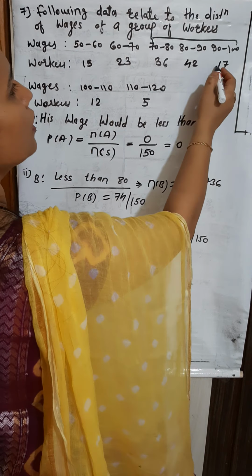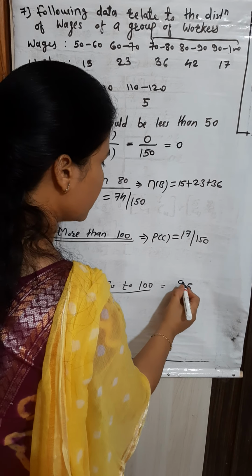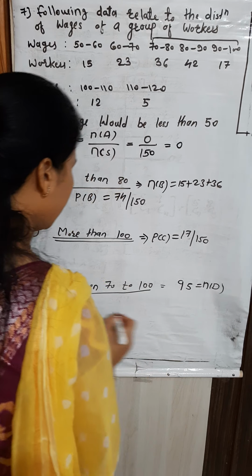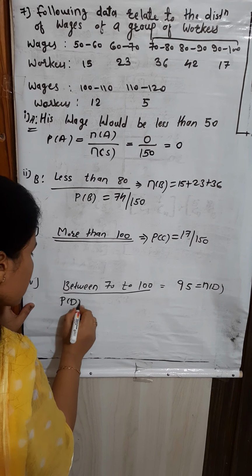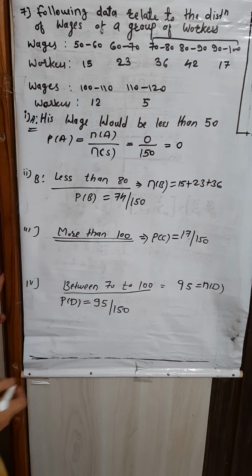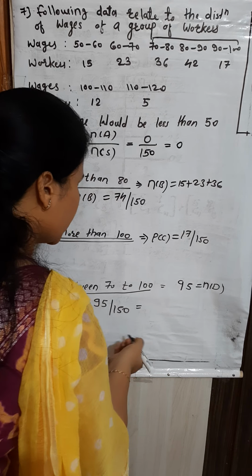Adding up, we get 95. This is n of D. And the probability of D is equal to 95 divided by 150. You can solve it, and if you divide it, you will get some value.